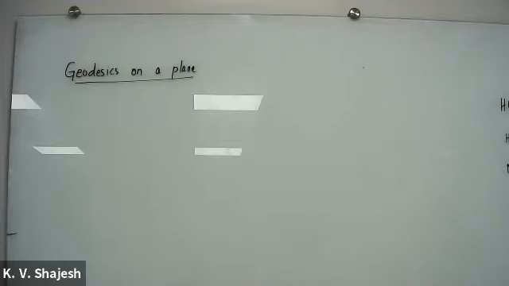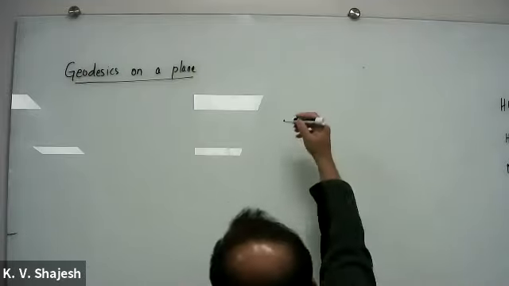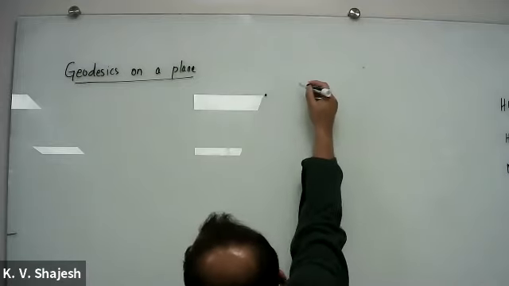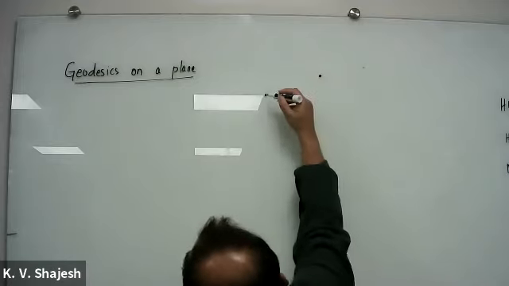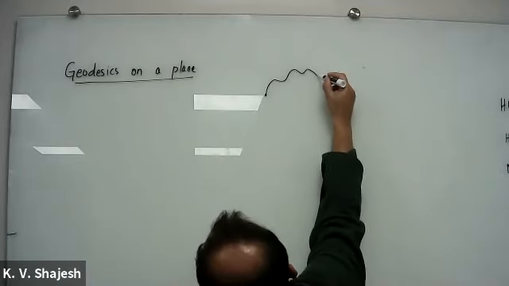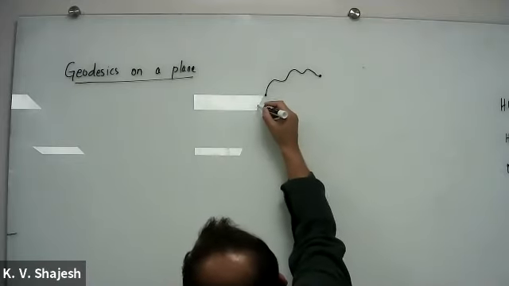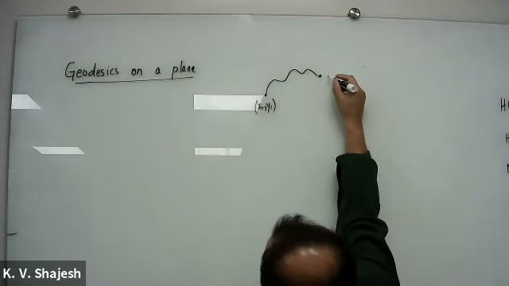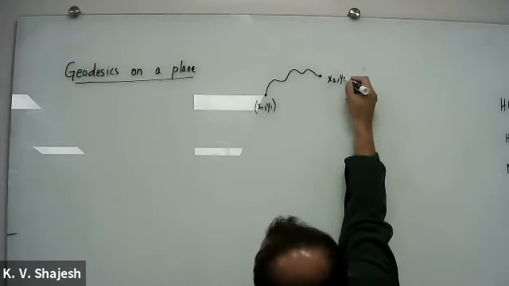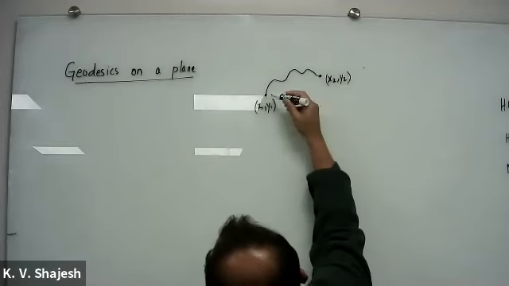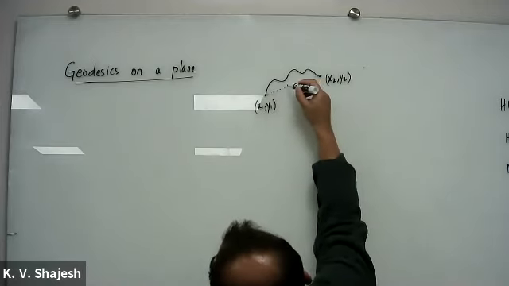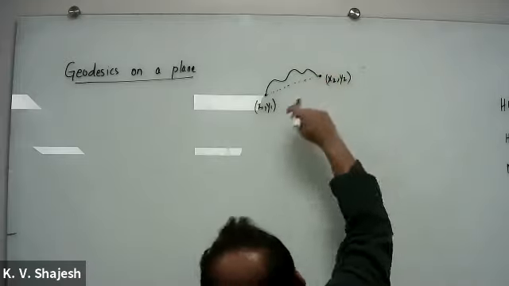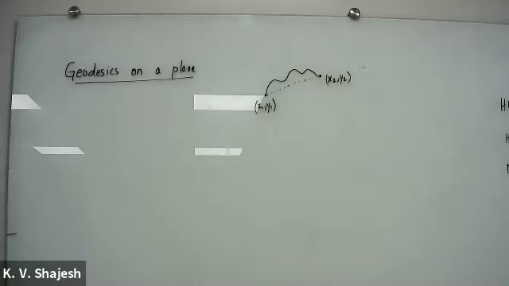And we're talking about a two-dimensional plane. So there are 2 points, and out of many possible paths, this is x1, y1, and x2, y2. It's expected that the shortest path is the straight line. That's what we intuitively know, that the shortest path is a straight line.